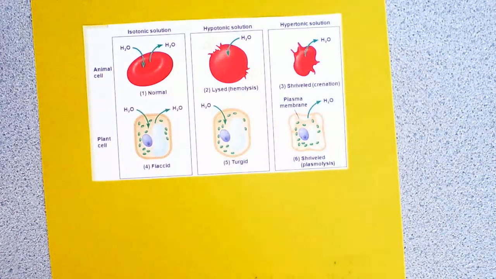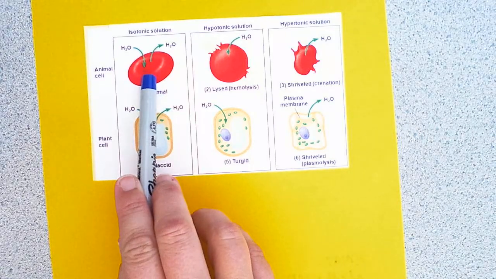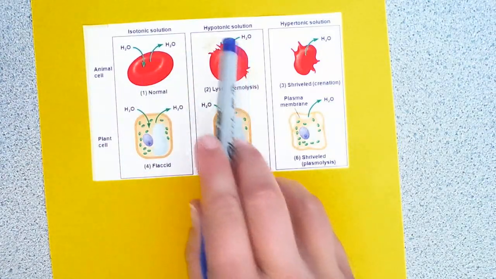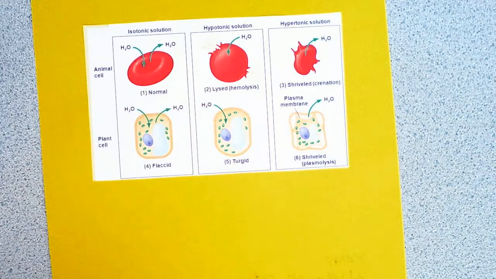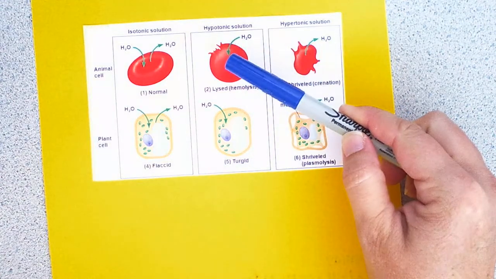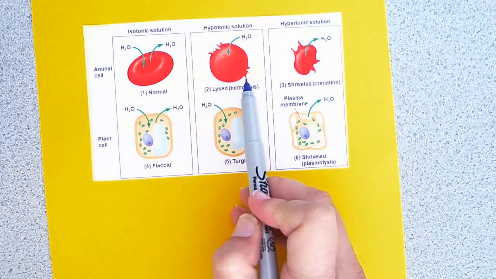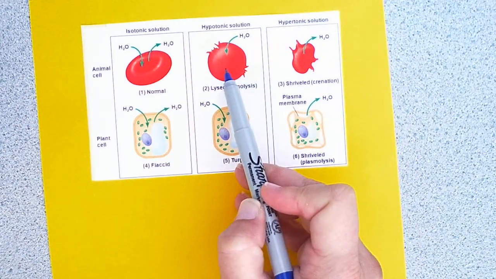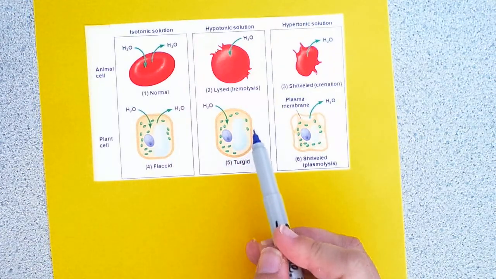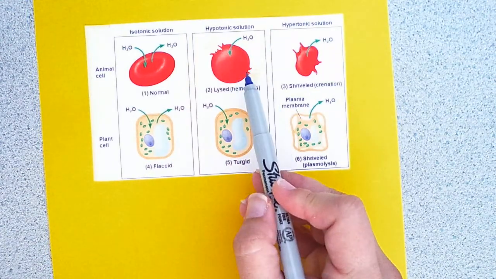But let's take a look at what could happen in an animal cell that is missing the cell wall. So we have a normal isotonic solution. Let's say we put it in a hypotonic solution. That's when water is going to be going into the cell. In this case, we now have the potential of bursting the cell membrane because so much water is coming in, and I lack that cell wall to keep that membrane under control.